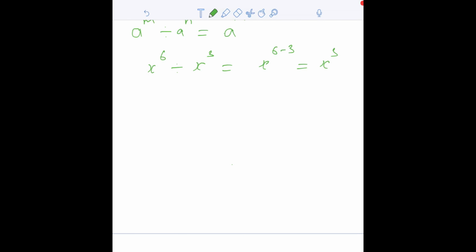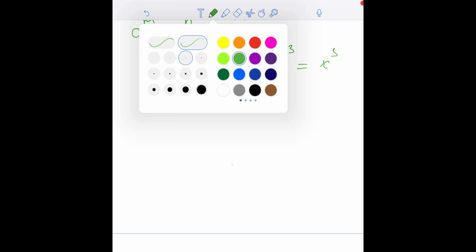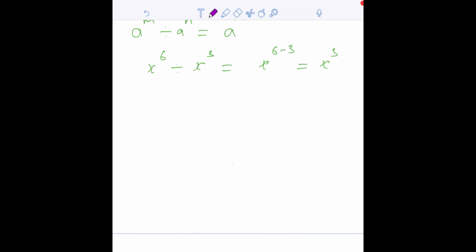Then the next rule will be, I'll change the color, a to the power m in brackets to the power n. Now when you have a power outside the bracket, it means that the two powers will be multiplied. So this means a to the power m multiplied by n, which can also be written as a to the power mn.